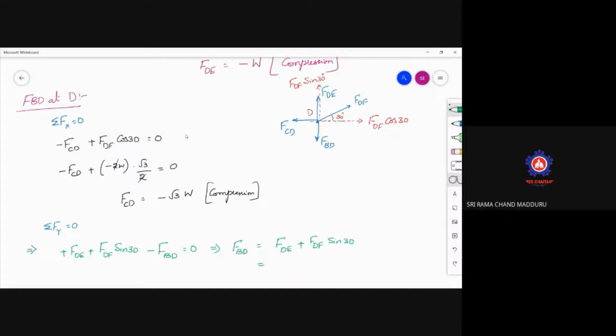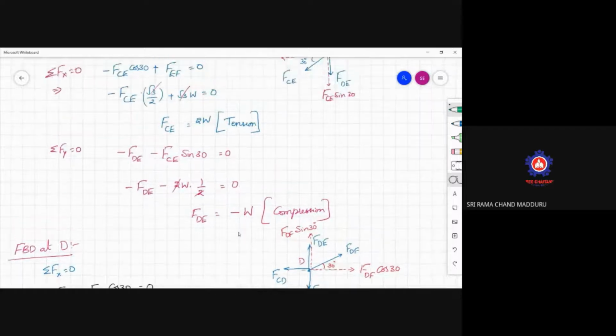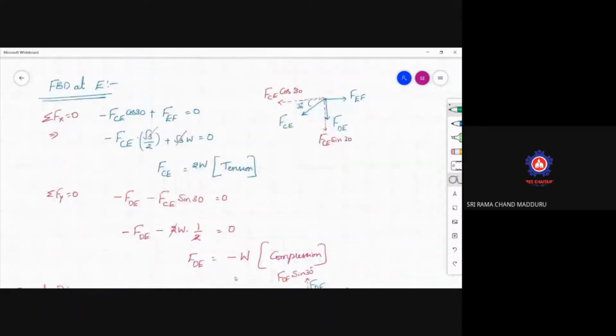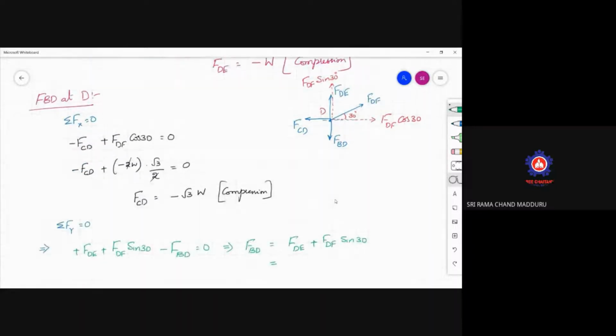FDE was just calculated, which is minus W. FDF, where is the value of FDF? FDF is minus 2W. So write that down. Minus W plus of minus 2W into sin 30, which is 1 by 2. And the answer is minus 2W. So FBD is minus 2W.